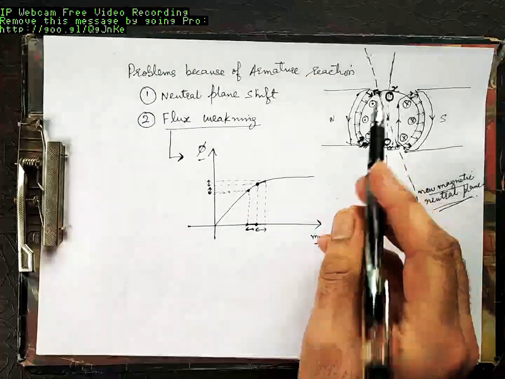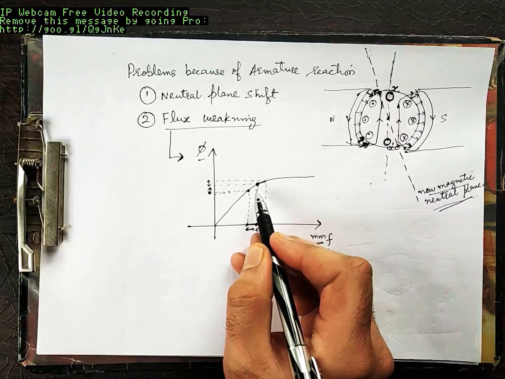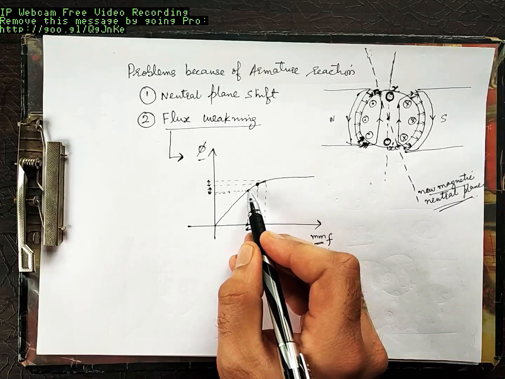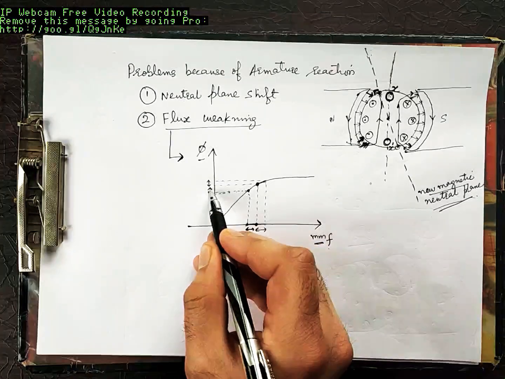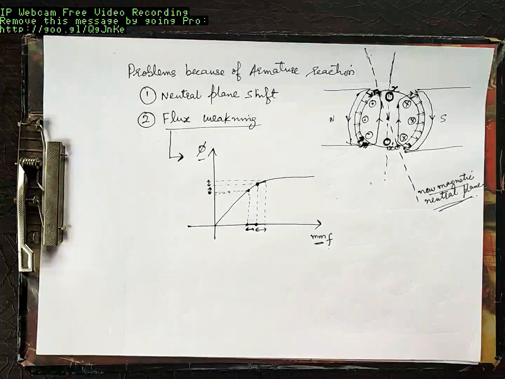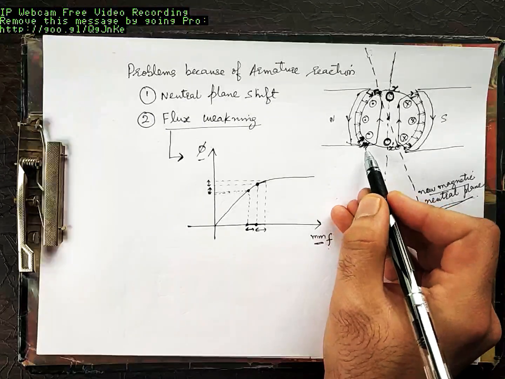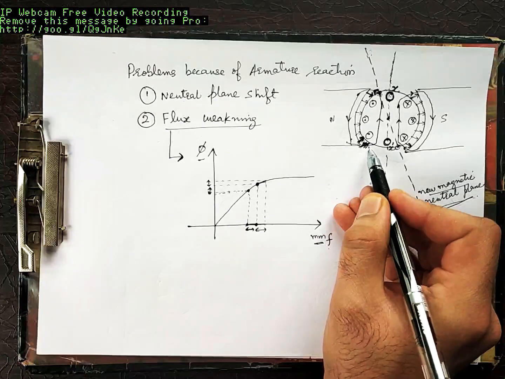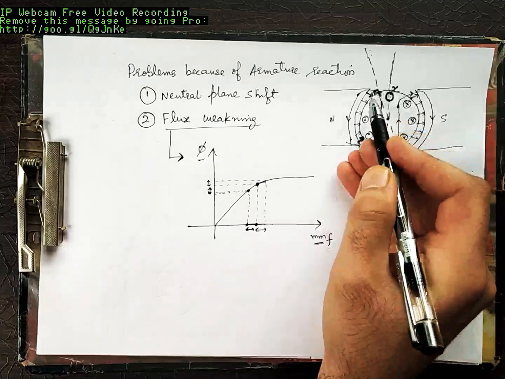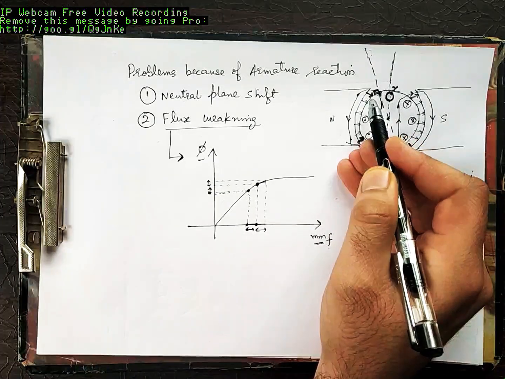But at points where the two MMFs subtract from each other, there's a considerable decrease in the flux. So here, because of MMF in the same direction, flux does not increase. But here, because of MMF in the opposite direction, flux does decrease a good deal.